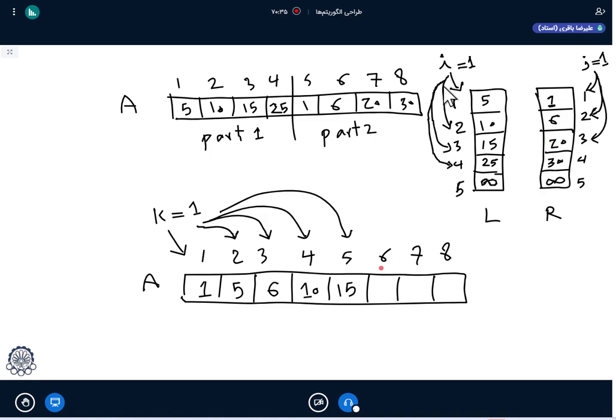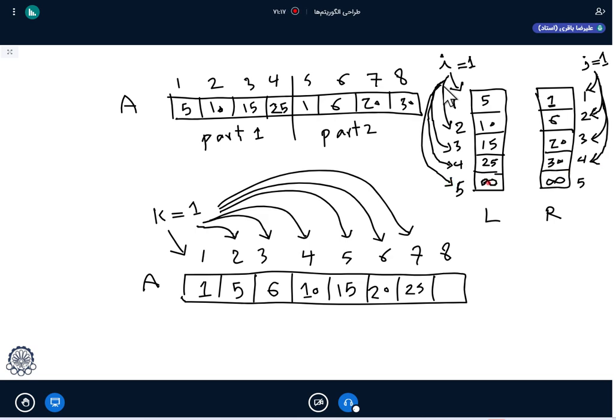Here 20 is minimum, so 20 is copied to A, and index of A is increased, and also index of J is increased because the index of the minimum is increased. 20 was minimum, so its index is increased. Now we compare 25 and 30. 25 is minimum, so 25 is copied, its index is increased, and the index of I is also increased.